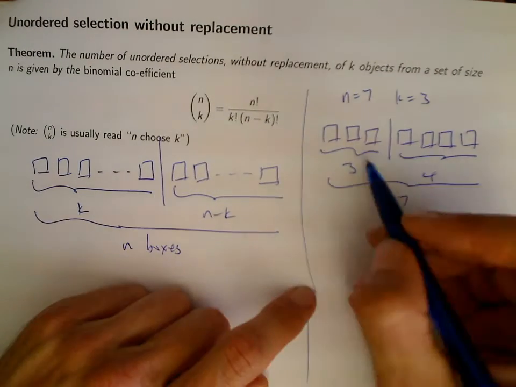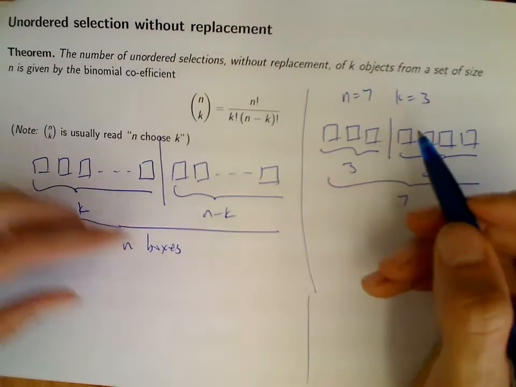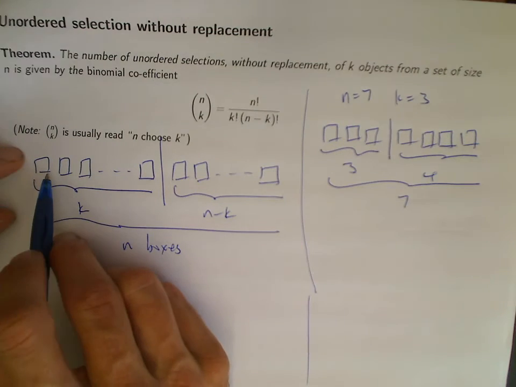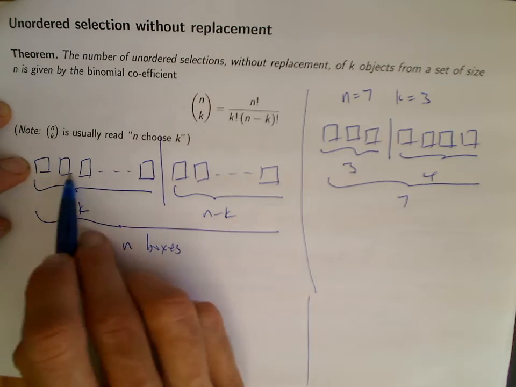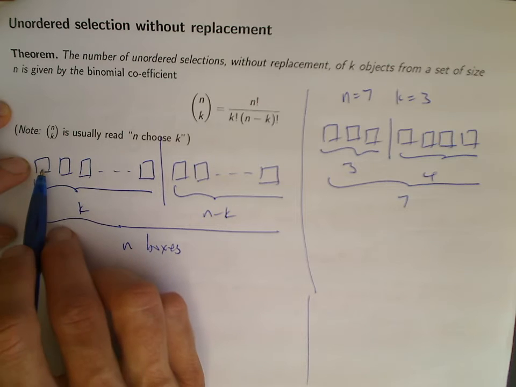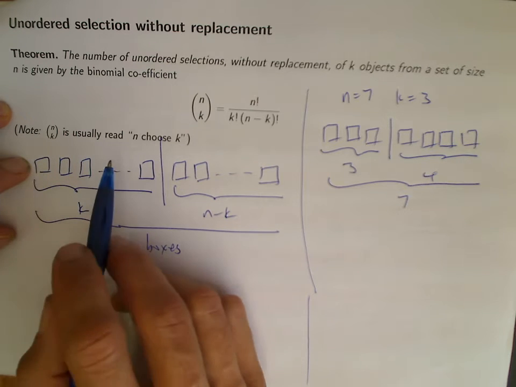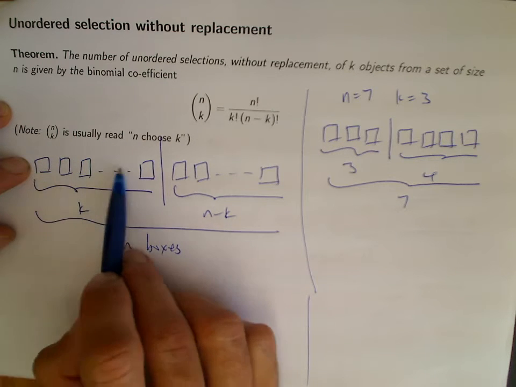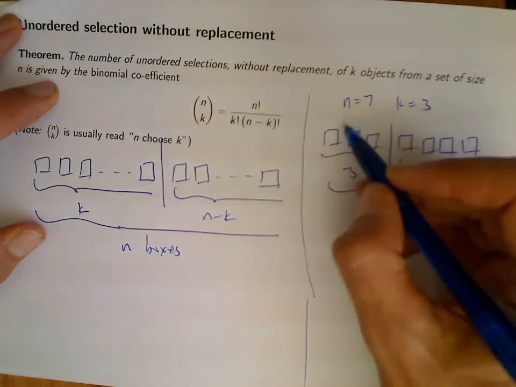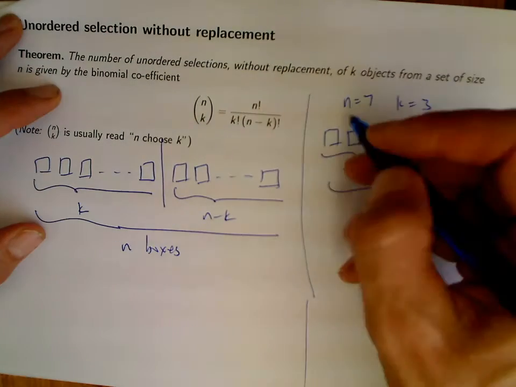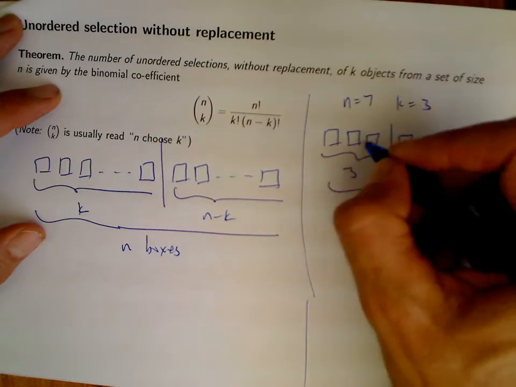Let's come back up here. What I'm going to do is fill in each of these boxes with all n of my objects. So without replacement, I'm going to put an object into each of these boxes using up all n objects. Maybe my set is 1 to 7, so I'm going to fill these boxes in with 1 to 7.